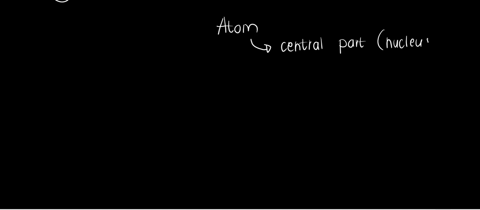So again, an atom is proton, electron, and neutron. But in what orientation is it? An atom consists of a central part. What's that central part called? A nucleus. Can you remember that? Yes. So it's the central part of the atom, it's the nucleus.